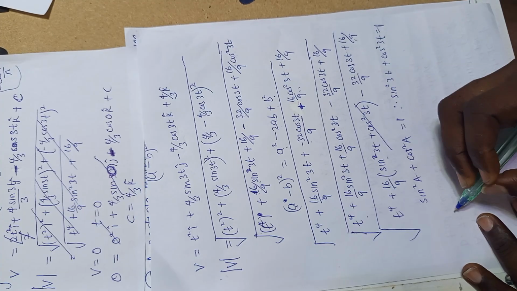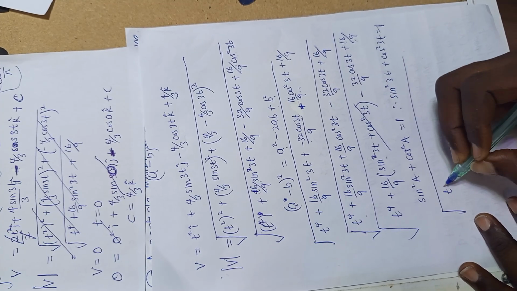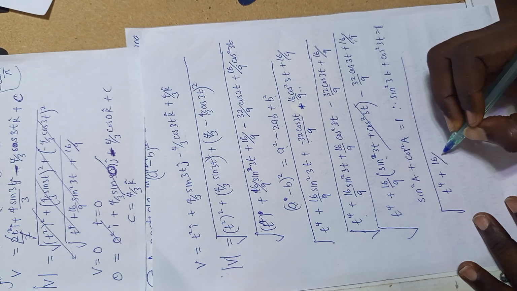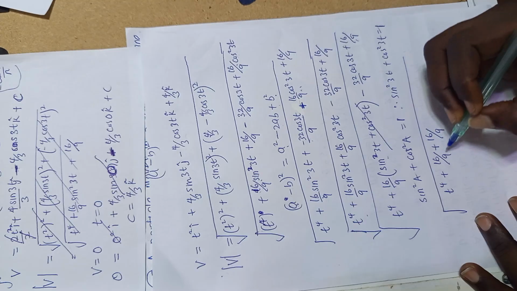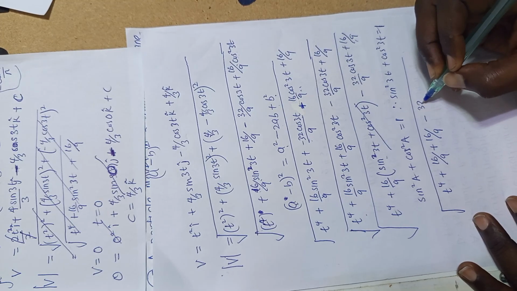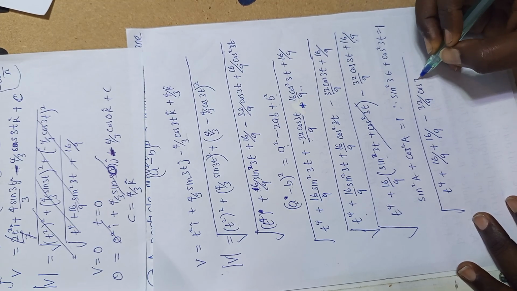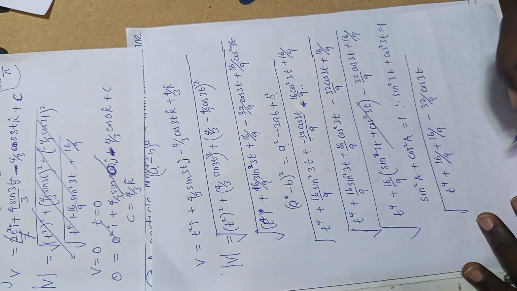Can I add this and this together? I would have our final answer now: t to the power 4 plus 16 over 9 plus 16 over 9 minus 32 over 9 cos 3t.